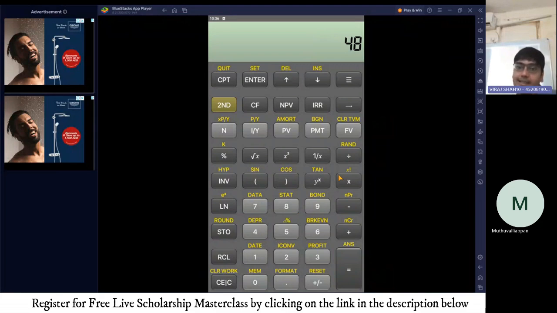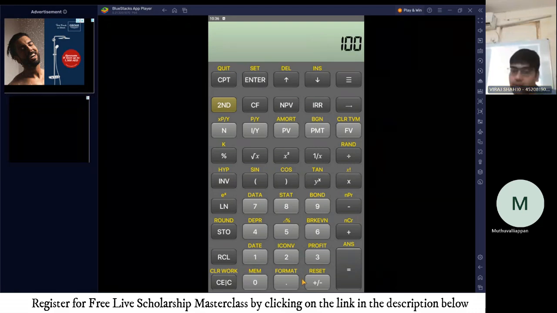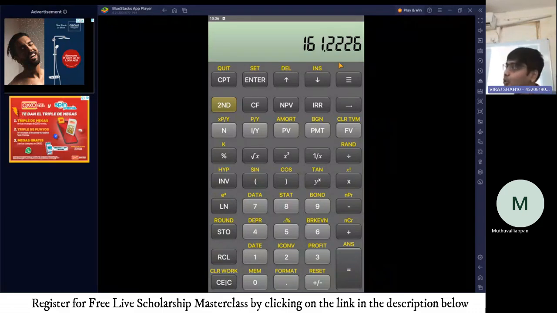Raise it to the power के लिए we press y to the power of x, then press 48. So it becomes 1.01 to the power 48. We press equal to. We multiply it with our PV, which was 100. This is the answer we got. 161.222.